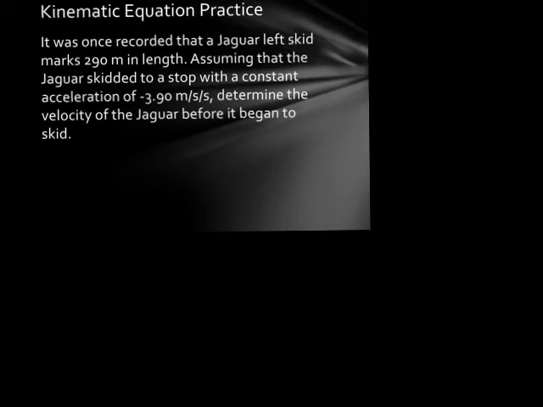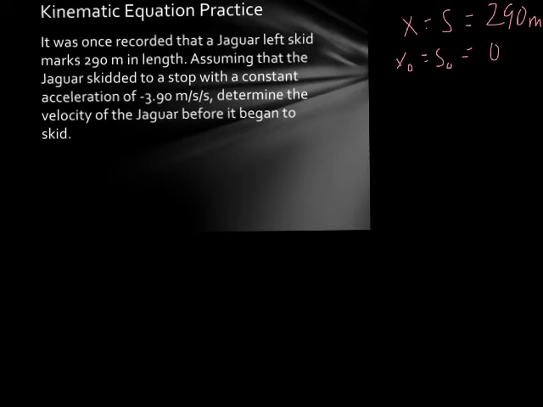So what do we know? We know that our final distance, which is also our final position, is 290 meters. That is assuming that x0 or s0 is 0. It doesn't give us an actual position that we're starting at, so we can just make that assumption.